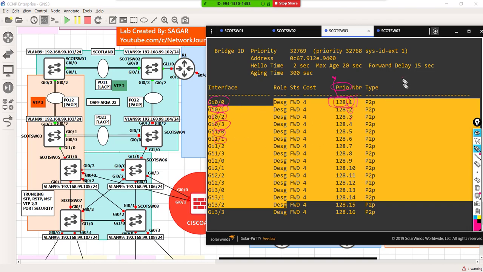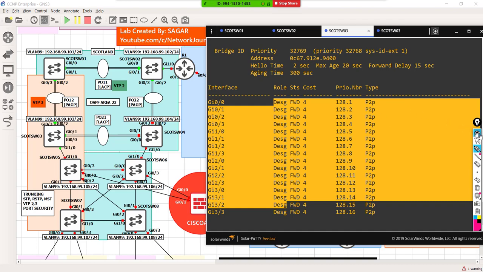So this is how I was able to find out, in this network design, that the one with the lowest port ID will forward and the one with the highest will be blocking. Here I can easily find out 128.1 is lower than 128.2. So if this is 128.1 and this is 128.2, this will win the election and this will be blocking in nature.